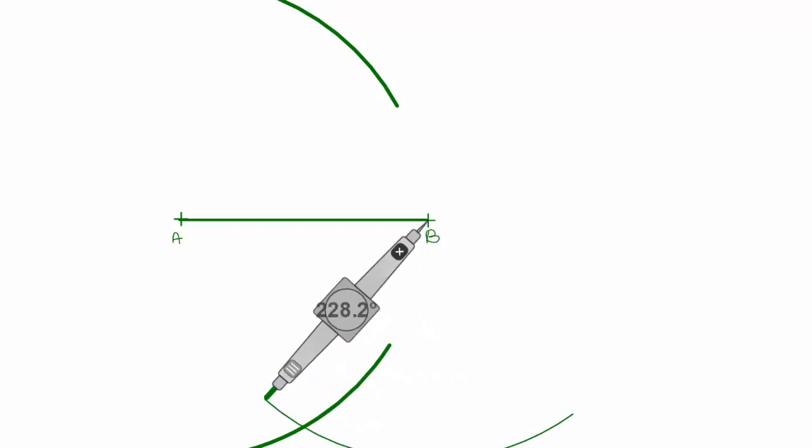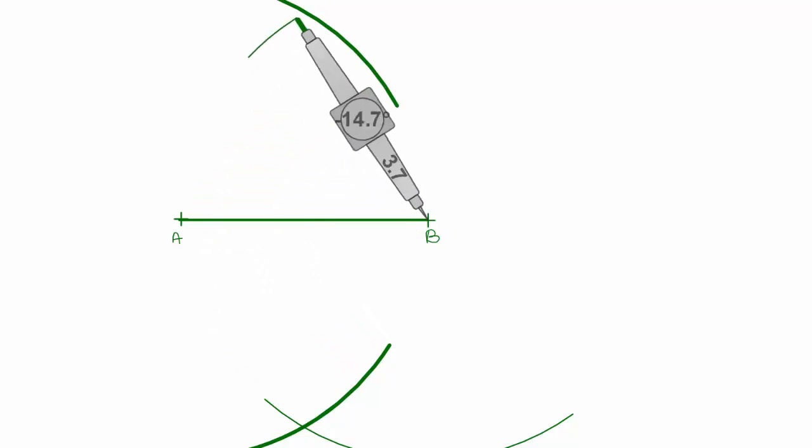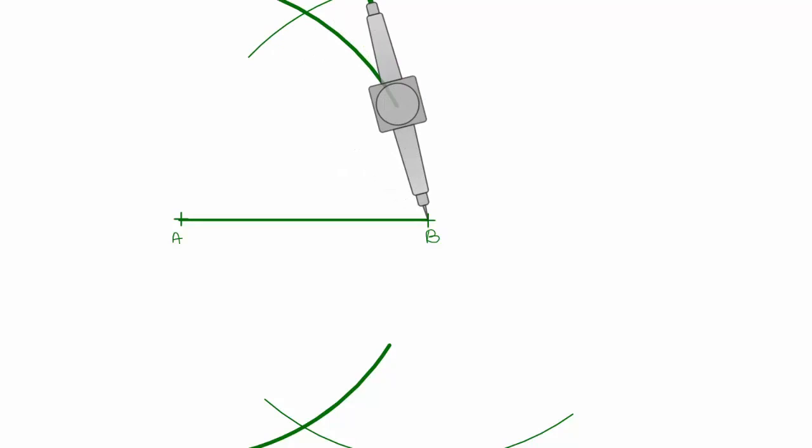Here is the arc, then again intersect here. Give names to the intersected points. We give the names, here is the point P and this one is the point Q, and draw the line passing through these 2 points, point P and point Q.